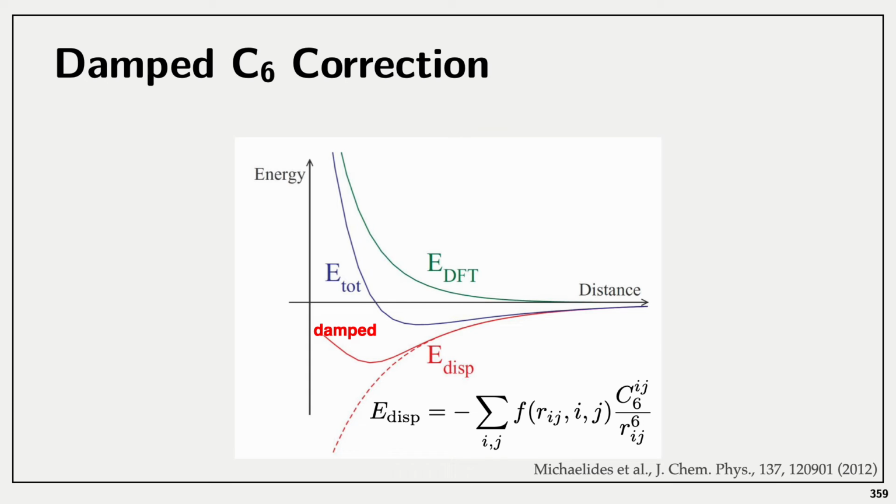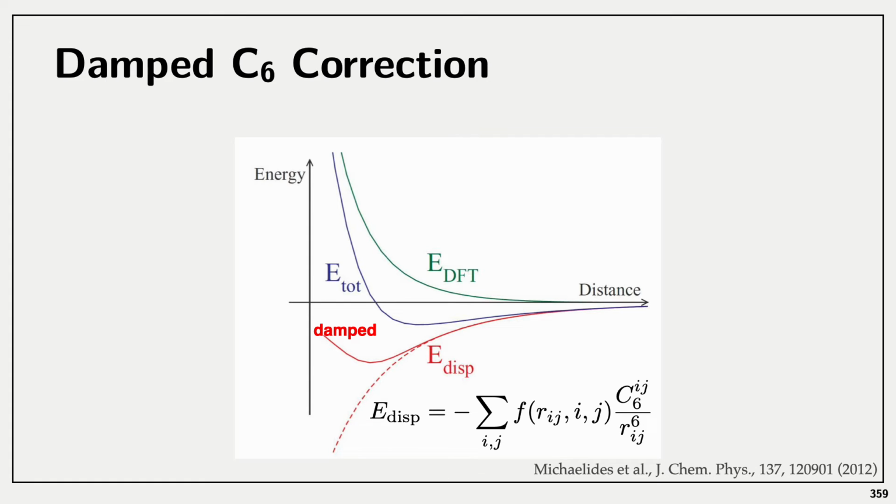People did that, and there were a number of improvements over that. For example, this work where the C6 was damped. In other words, you have this function f that depends on the distance between the atoms, and you can add something to it to avoid this catastrophic attraction at very short distance.